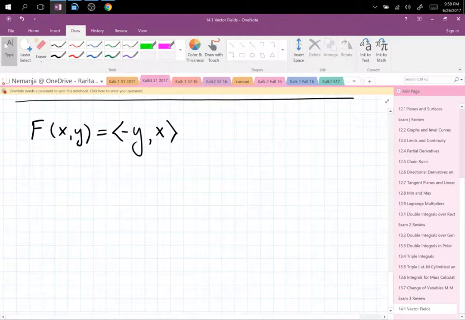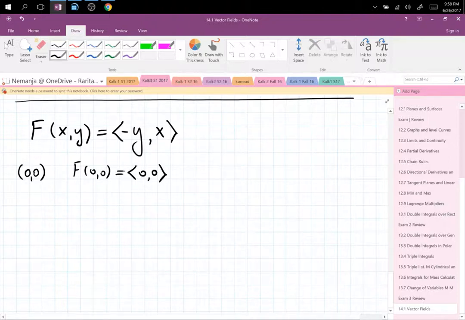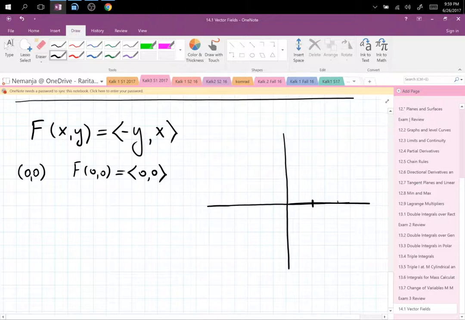So now, trying at 0, 0 clearly is just a 0, 0. So it's a 0 vector. We get nothing there. I think I'm going to go with 2 units in this case.